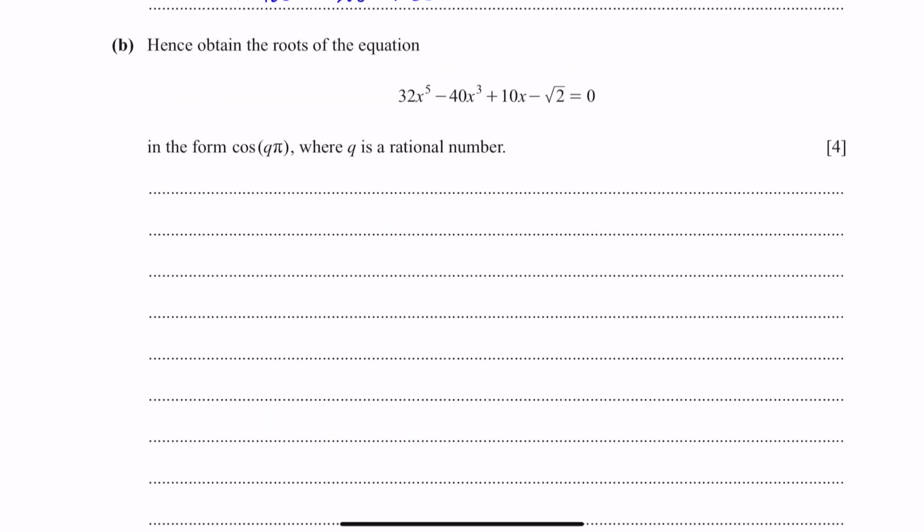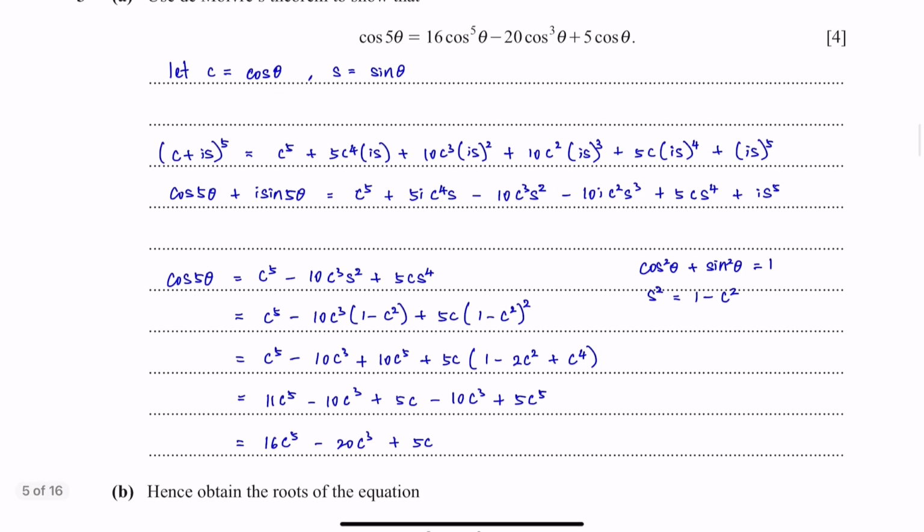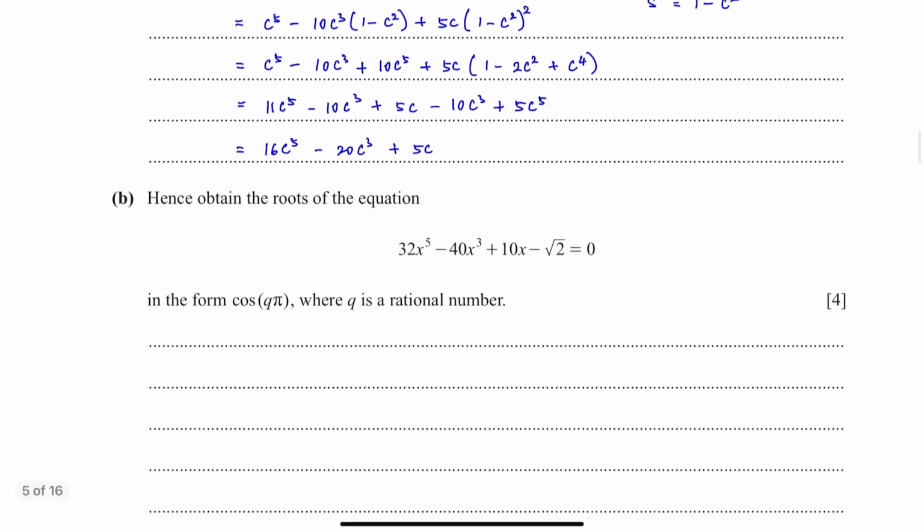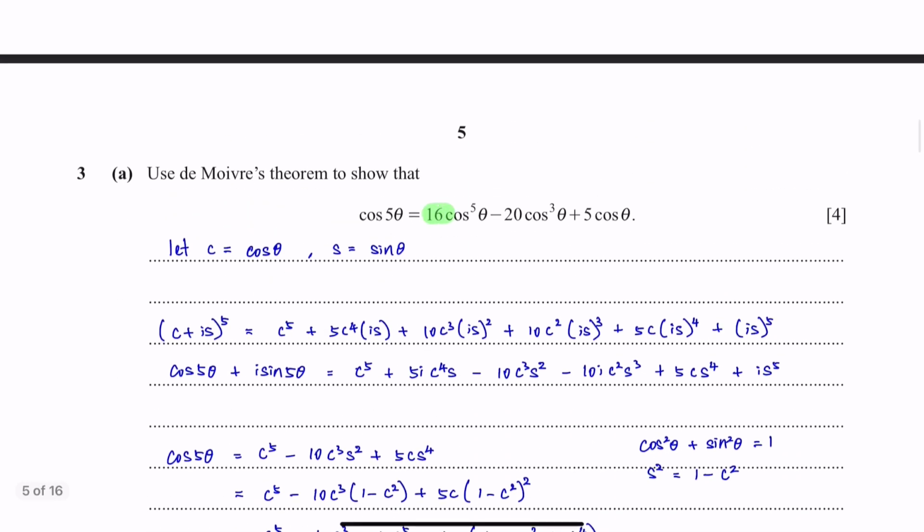For part B, we need to find the roots of this equation. And usually, the question in part B links back to the equation in part A. And we can see that this part of the equation is similar to this, right?